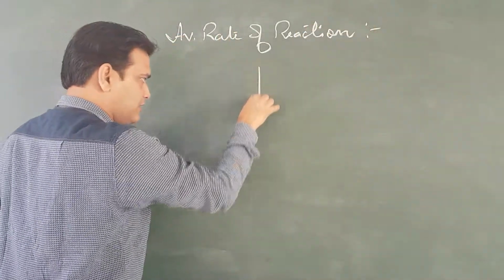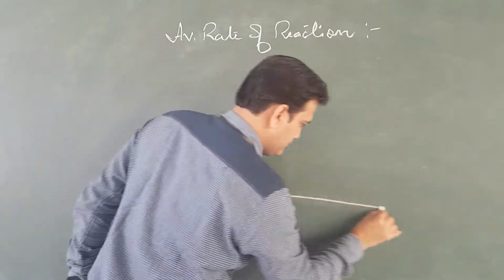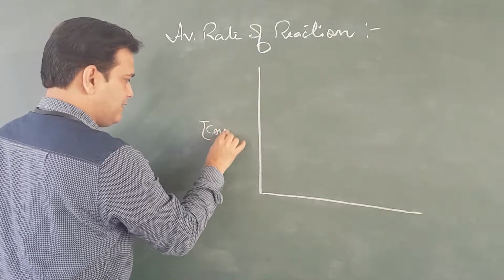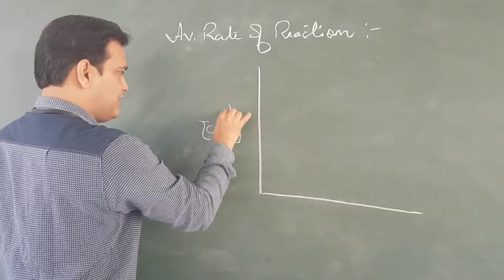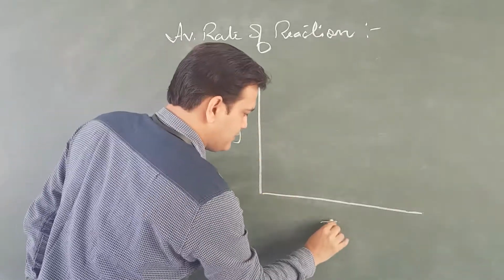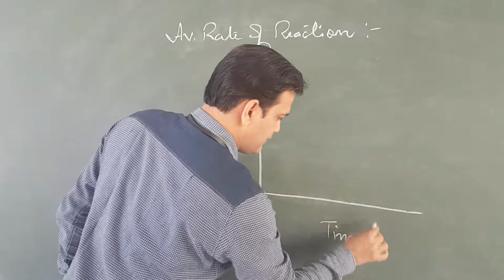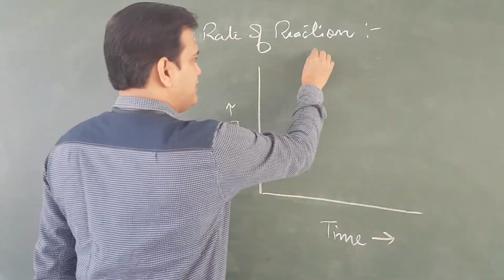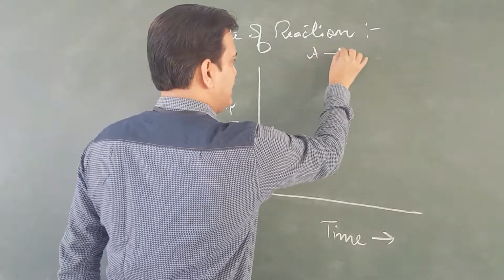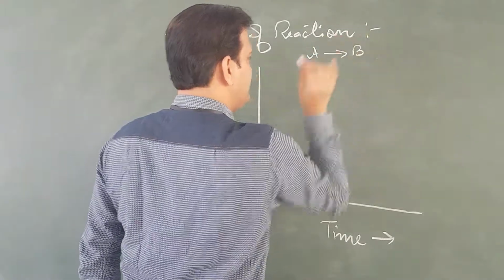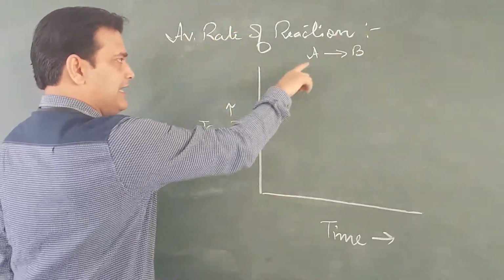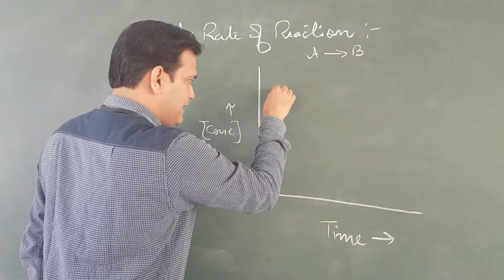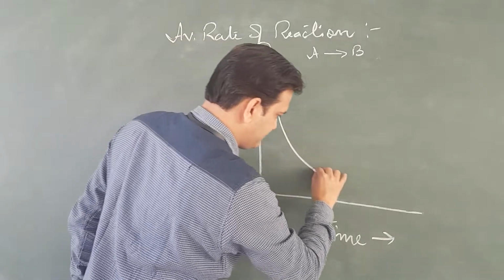Let us plot a graph between concentration and time. If we take A changing into B, and if we take the concentration of A, then experimentally it will be like this.